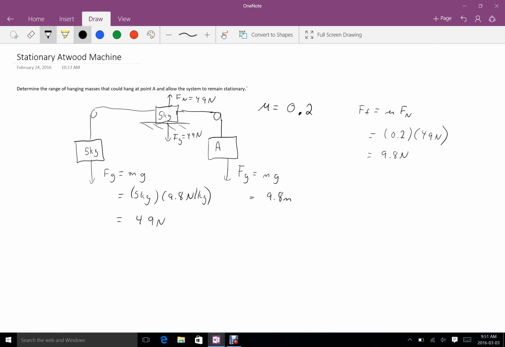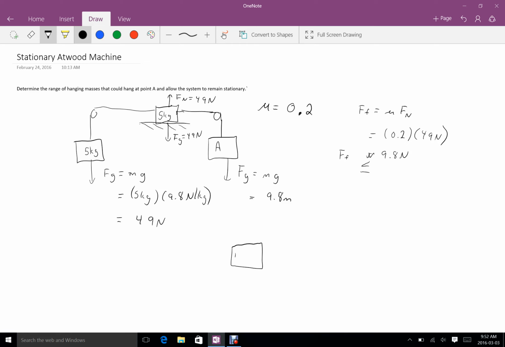Let's keep in mind with this frictional force that this isn't really equal to this. This represents the largest value that it can take on before the system starts to move. So the frictional force is actually less than or equal to that 9.8 newtons. Now I'm going to consider the system as a whole.